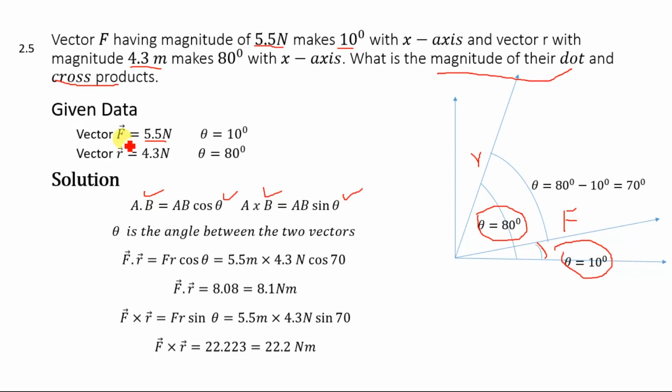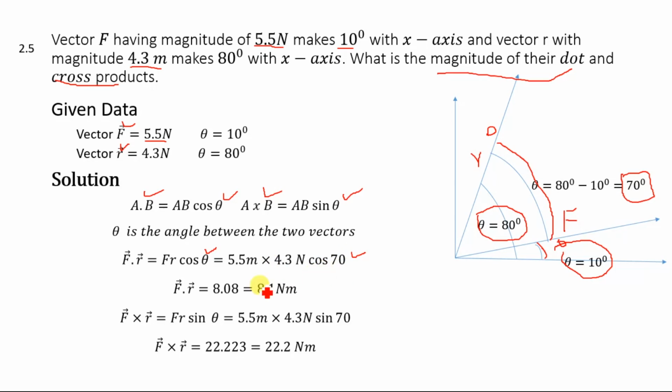Now we are going to take the dot product of vector F with vector r. By taking the dot product, we will have F dot r is equal to Fr cos theta. Now this theta is the angle between vector F and vector r, this angle, and this angle will be equal to, as this angle is 80 degrees and this one is 10 degrees, by subtracting this 10 from 80 we will get 70 degrees, and this 70 degrees is actually the angle between vector r and vector F. So we will have theta is equal to 70 degrees.